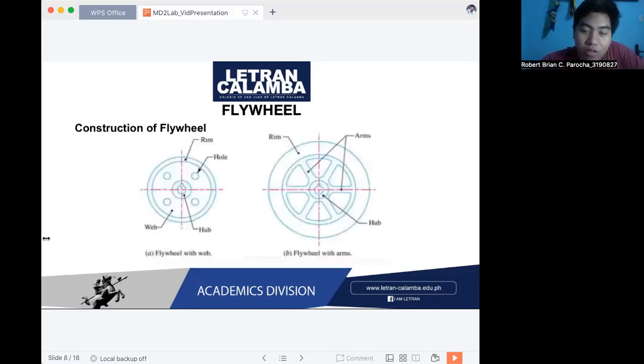Next is the construction of flywheel. From the shown figure, on the left side is the flywheel with web, and on the right side is the flywheel with arms, as you can see.